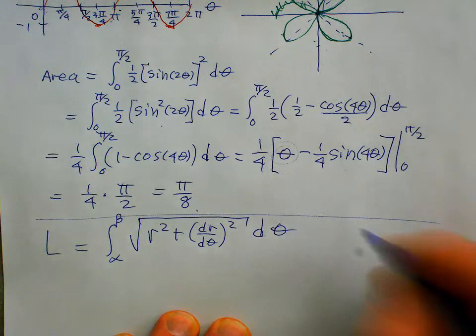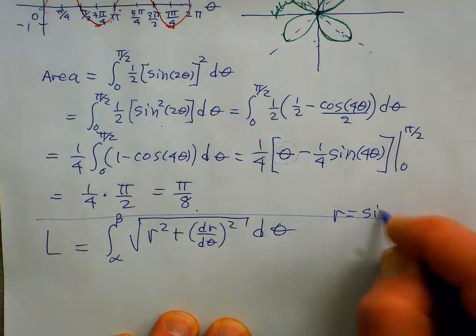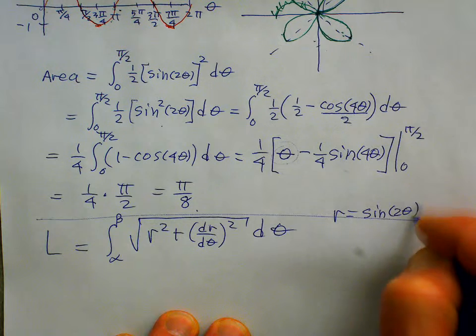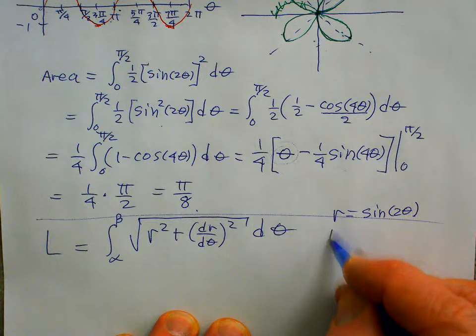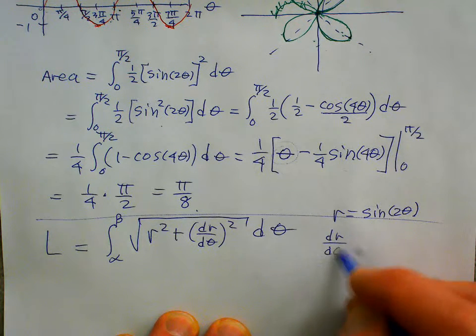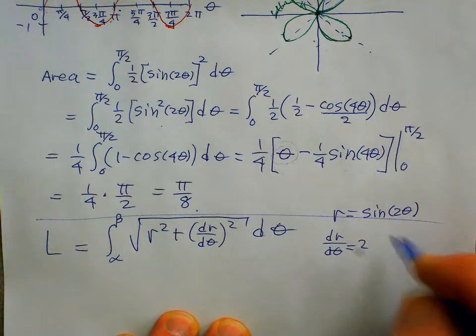Okay, so r is sine of 2 theta, and dr d theta is 2 times cosine of 2 theta.